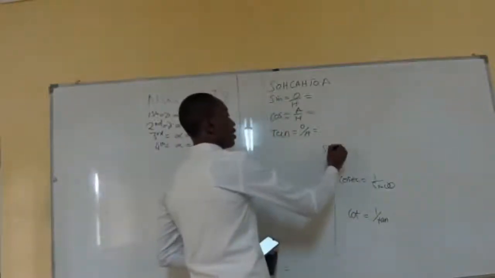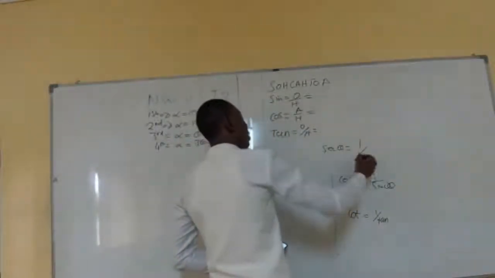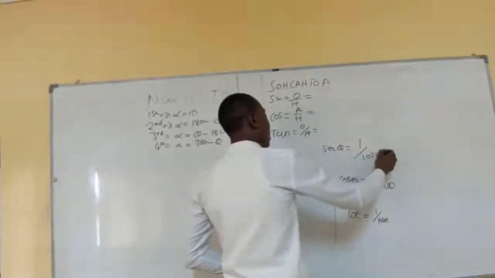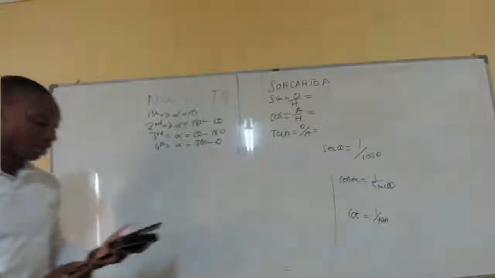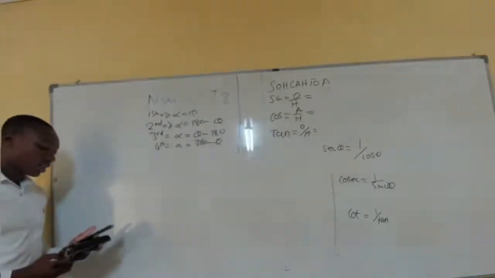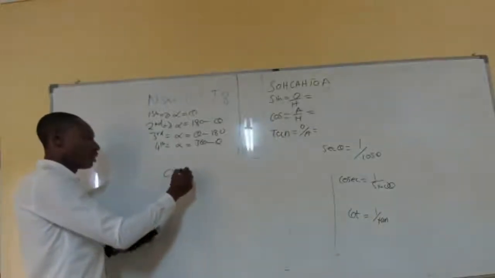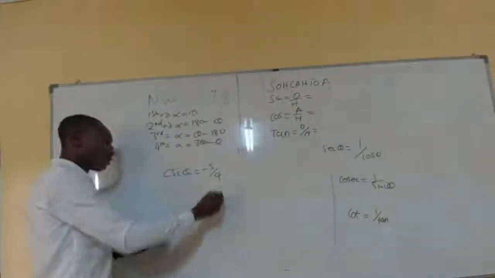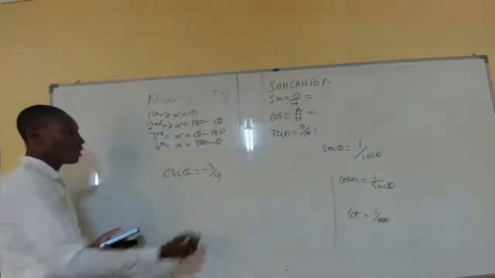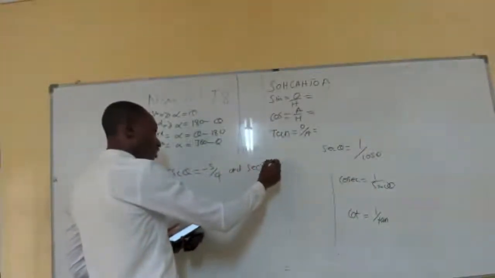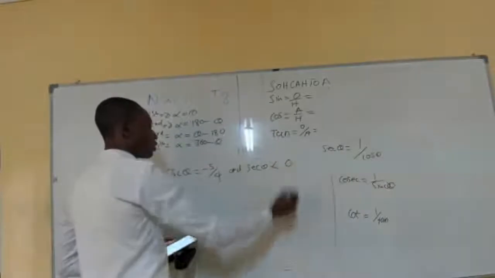I was saying sec theta is 1/cos theta. So cosec theta is given as -5/4 and sec theta is less than 0.